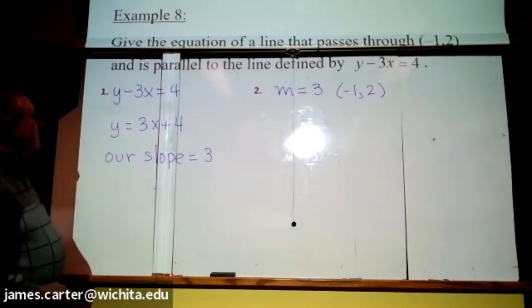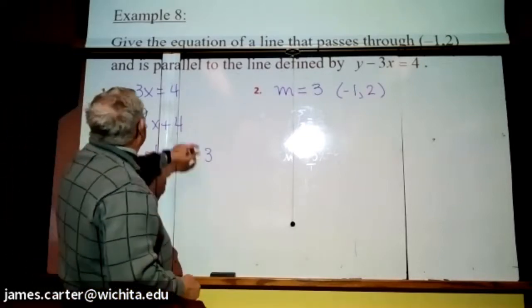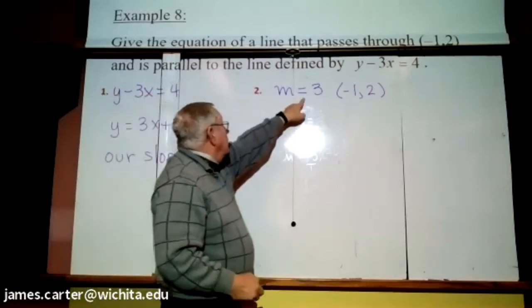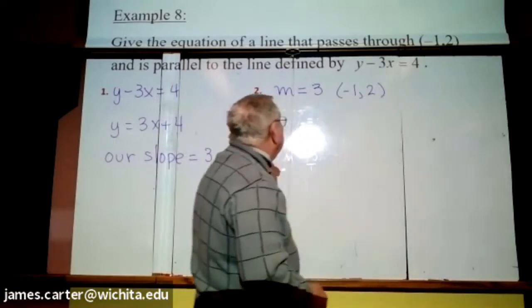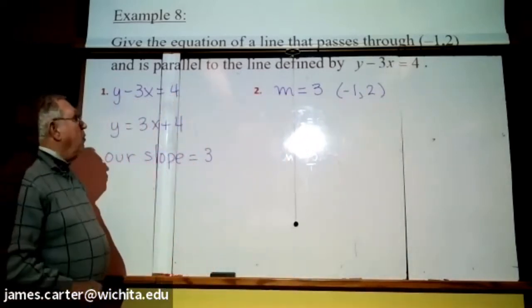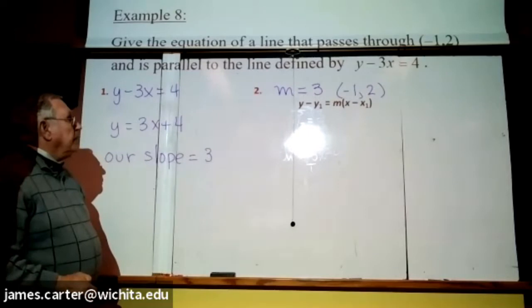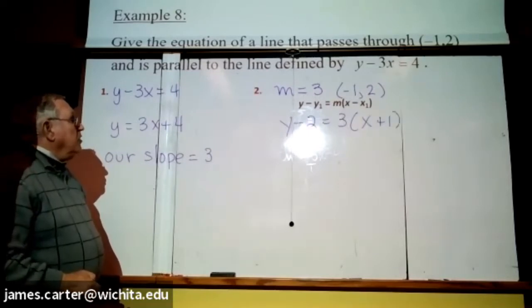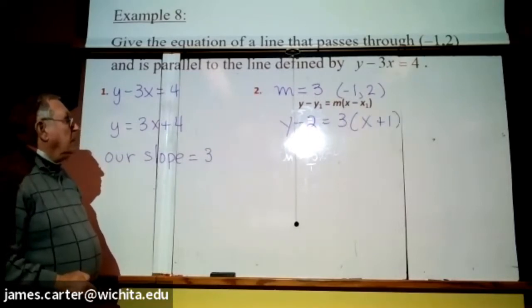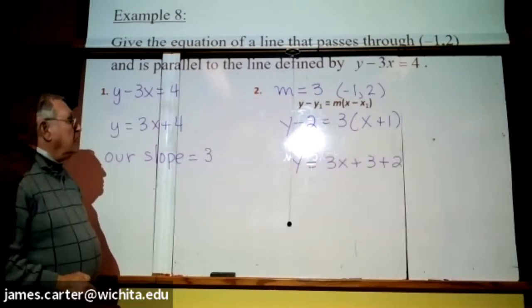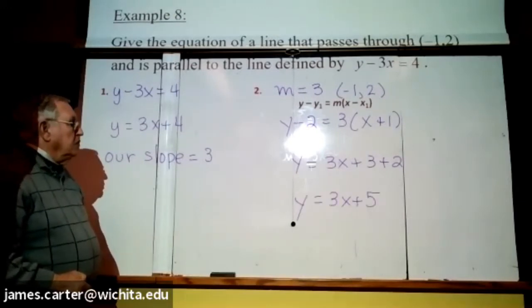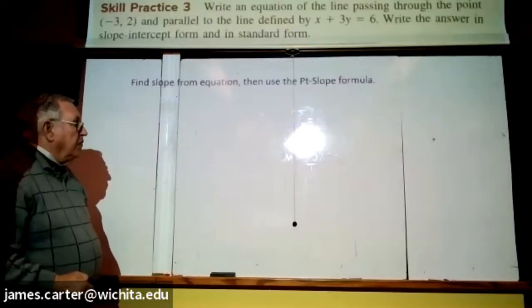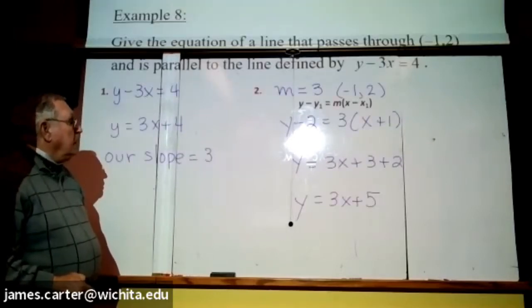Now, for the parallel line that it's asking about, the slope is 3, and it says it goes through that point. So now we use the point-slope formula, and we do our substitution. We distribute the 3 and take the negative 2 over to the other side. And we get y equals 3x plus 5. Okay.